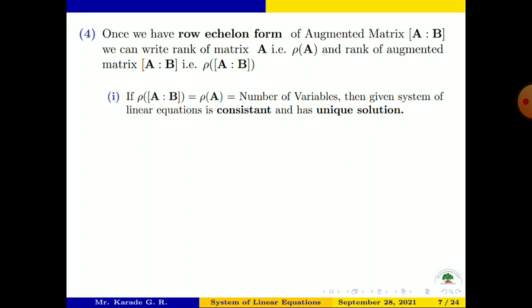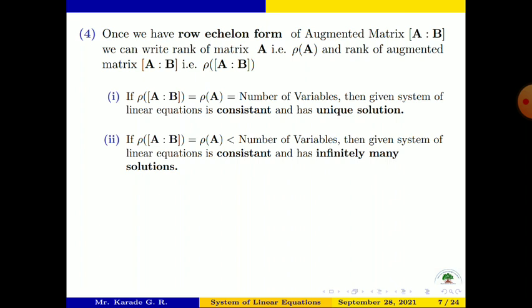Once we have the row echelon form of the augmented matrix, we find the rank of [A | B] and the rank of A, and if they are equal to each other and to the number of variables, then our conclusion is that the system is consistent and has a unique solution.